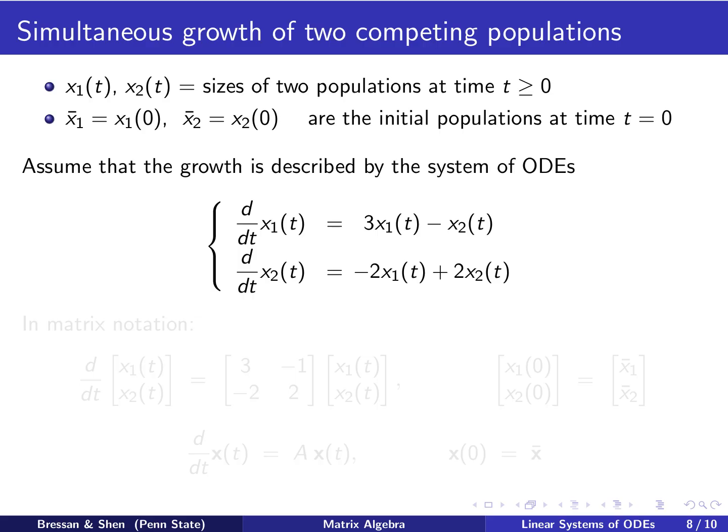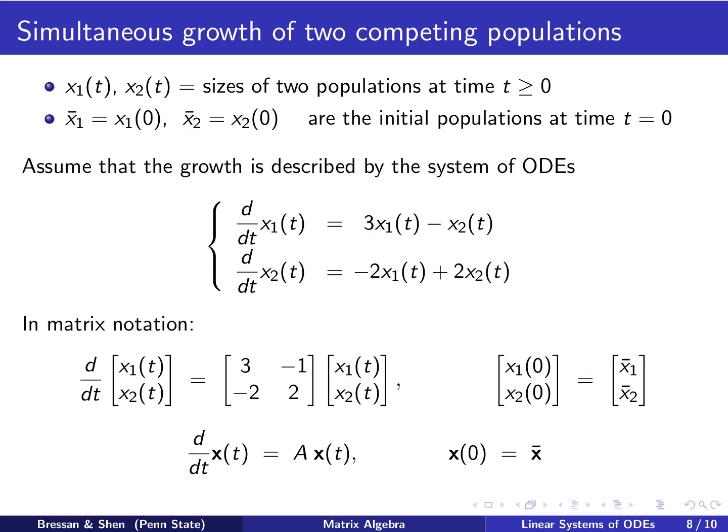So we see that the right-hand side here is a linear system. If it is a linear system, then we can write it in matrix-vector form. Let's form the vector x to have two components, x1 and x2. We call this vector x(t). And then d/dt is the derivative. And then the right-hand side here can be written as the product of the coefficient matrix times the vector.